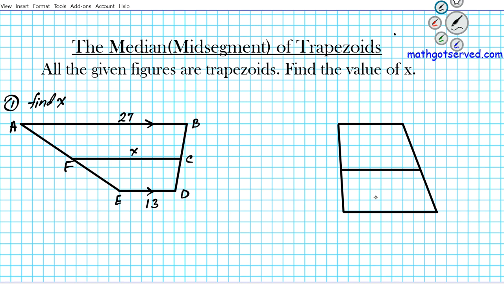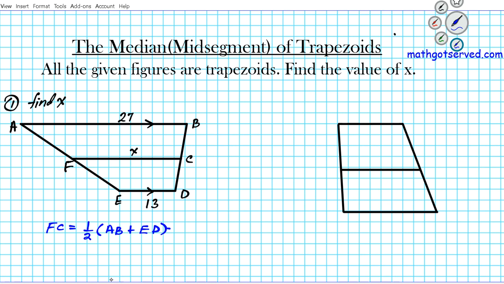Let's find what x is. To get us started, we're going to write down the formula that will guide our problem solving process. The formula relates the length of the median to the bases. The formula is as follows: the median FC is equal to 1/2 the sum of the two bases, AB plus ED.